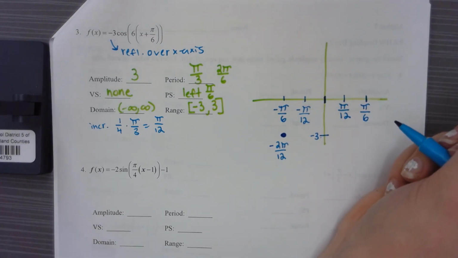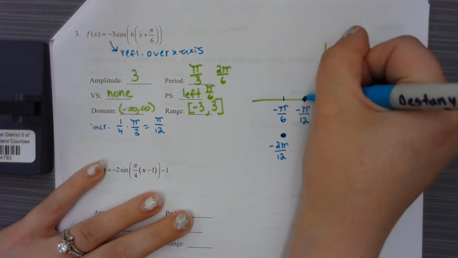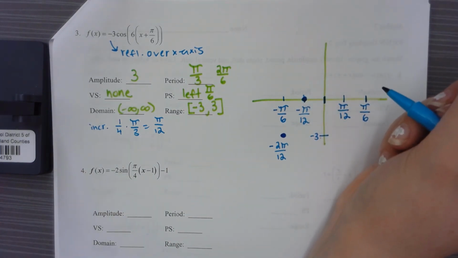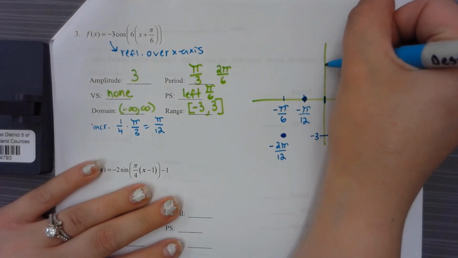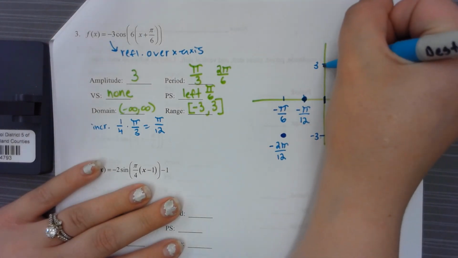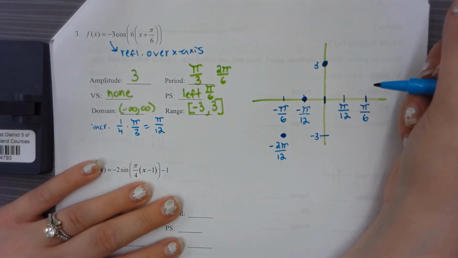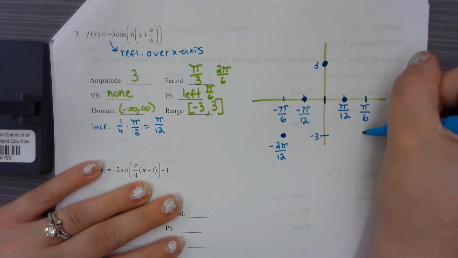Where does cosine go next? Yeah, it's got to hit 0 before it can go to the positive amplitude. Does that make sense? So where is it going next? 3. And then it goes back to 0 and back to negative 3.